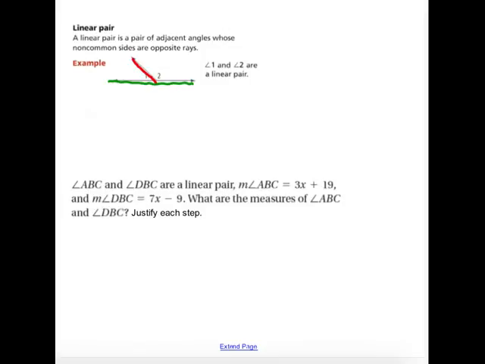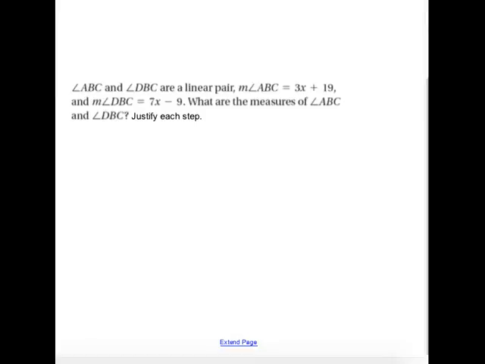Down below it says angle ABC and angle DBC are a linear pair. The measure of angle ABC equals 3x plus 19. The measure of angle DBC equals 7x minus 9. What are the measures of angle ABC and angle DBC? And we need to justify again. So I'm just going to draw a quick picture.